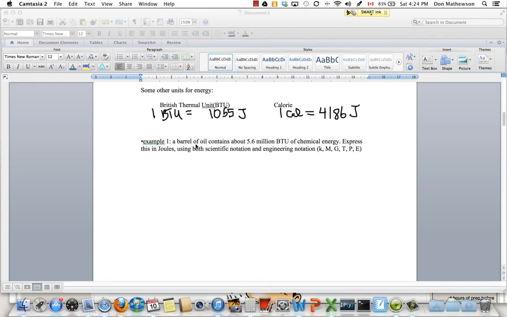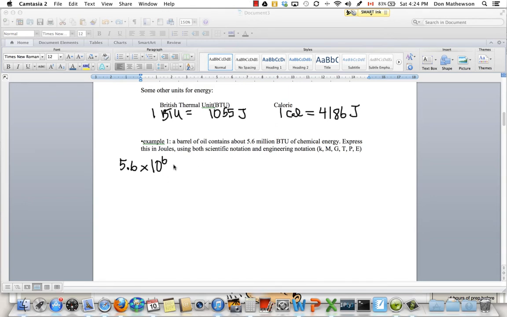Okay, so here's an exercise in unit conversion. A barrel of oil, that is equivalent to 5.6 million BTUs of chemical energy. We just want to take that number and convert it to joules. So we have 5.6 million. Now a million is 10 to the 6, or 6 zeros.